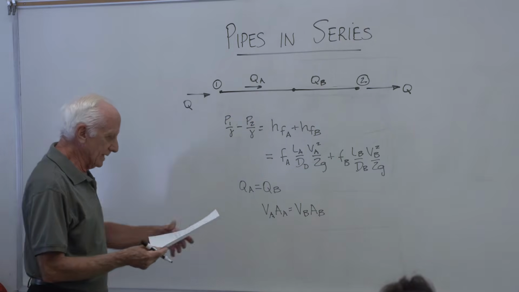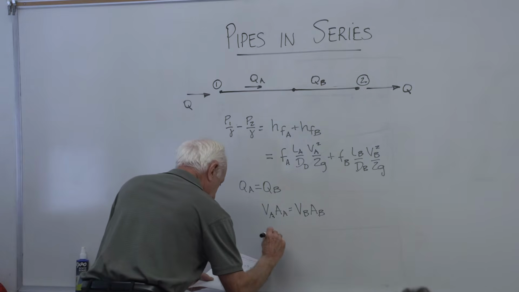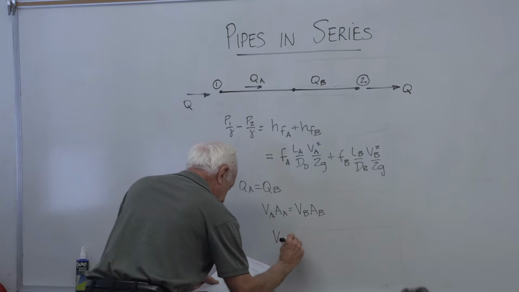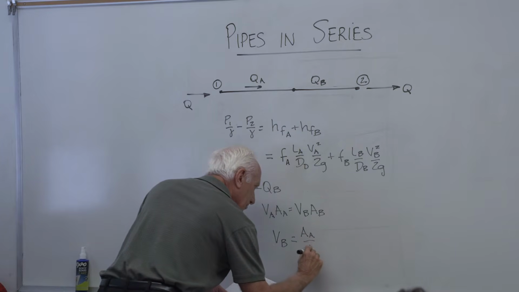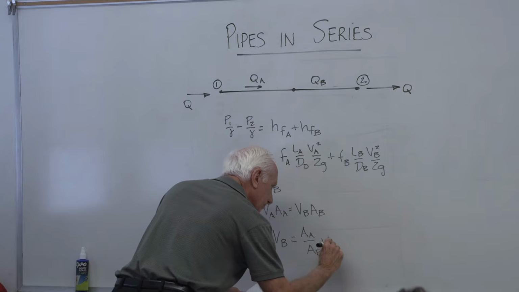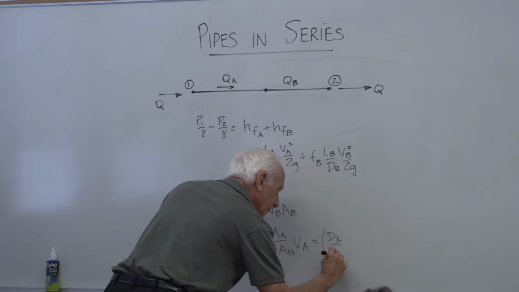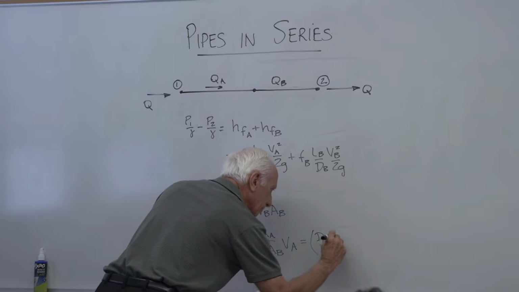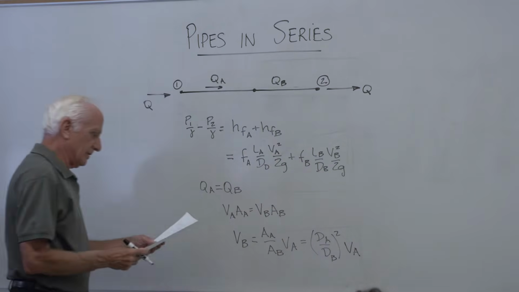We can solve for the velocity of pipe B in terms of the velocity of pipe A. So we have the diameter ratio squared.